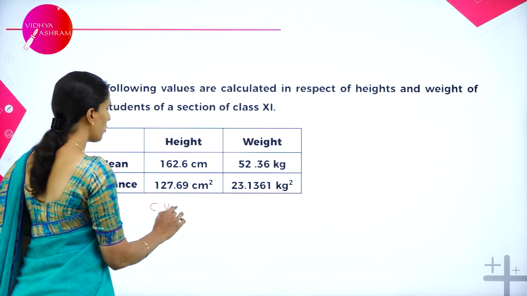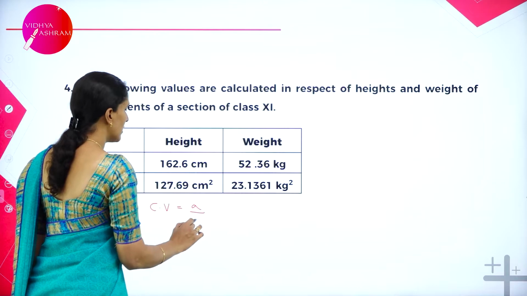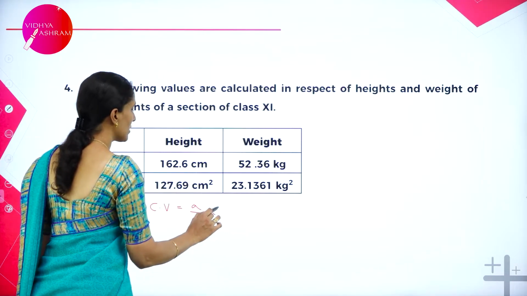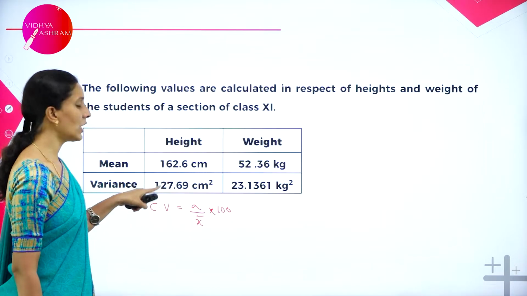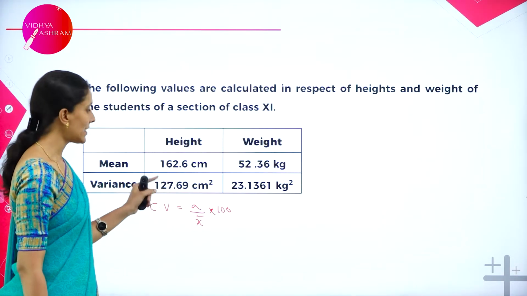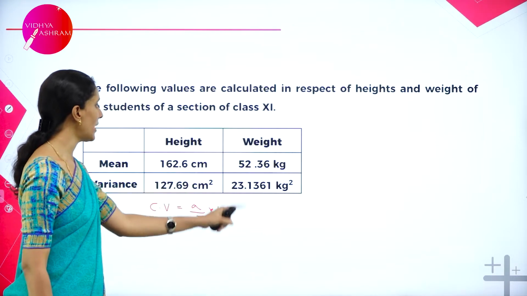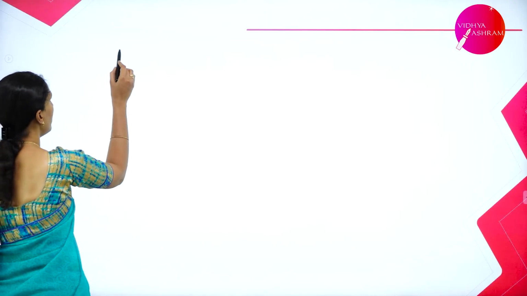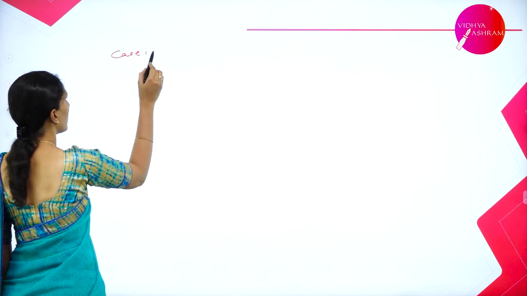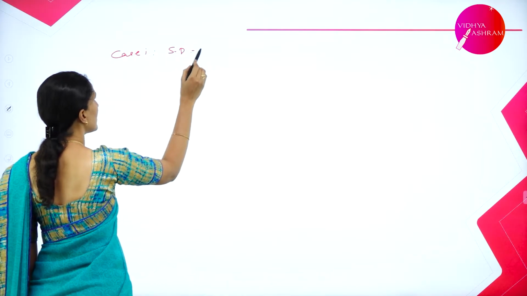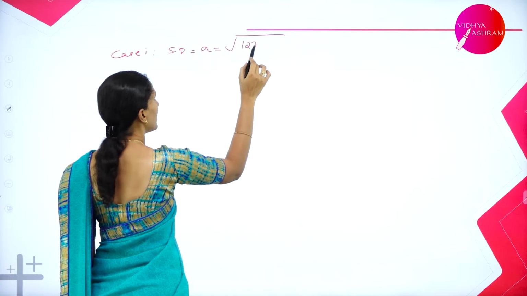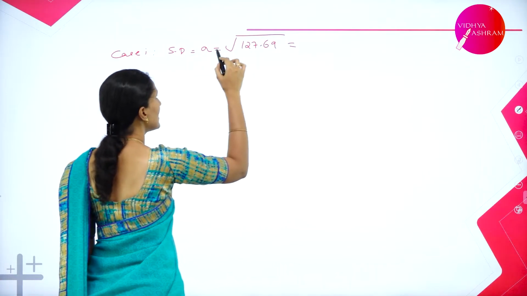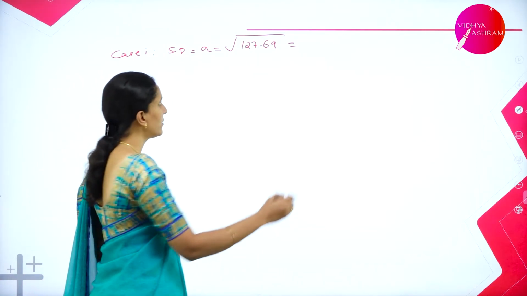But for the coefficient of variation I need x bar as well as sigma. Sigma means I need the standard deviation, but they have given the variance. Let us find the standard deviation for both cases. For case 1, standard deviation, that is sigma, is equal to the square root of 127.69. So you will get the sigma value 11.3.